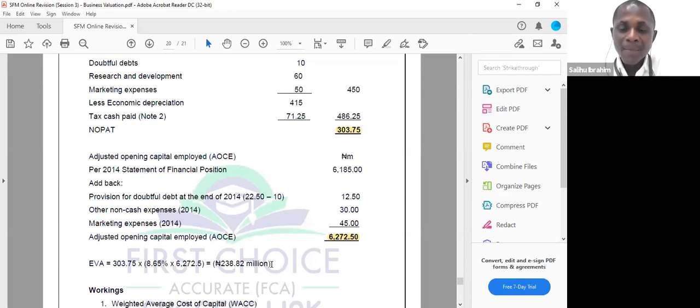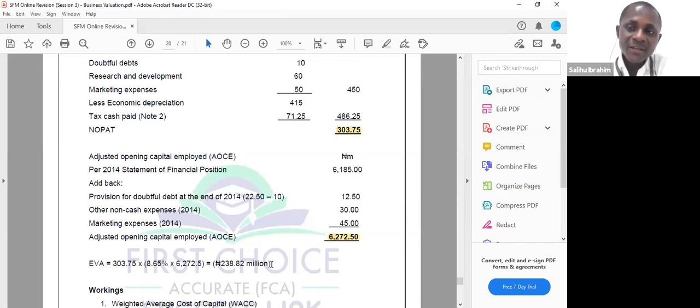The market value of the company's share is going to reduce by 238.82 million, despite the fact that 168.7 million profit was declared. Can you see the importance of EVA now? That's the importance of EVA. EVA will give you an unbiased judgment with respect to the performance of management.